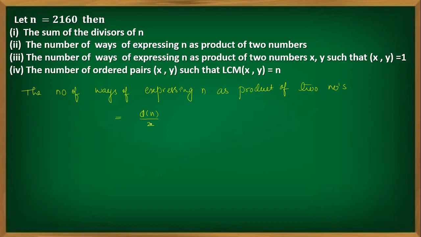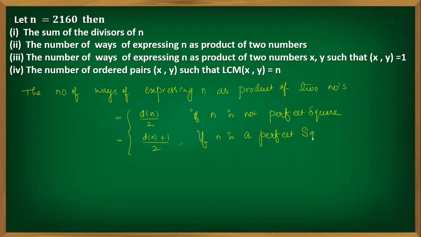Number of divisors, by 2 if n is not a perfect square. And the same formula we use but in a different way for the different case: d of n plus 1 by 2 if n is a perfect square. Now the question is very simple if you know this formula, right?